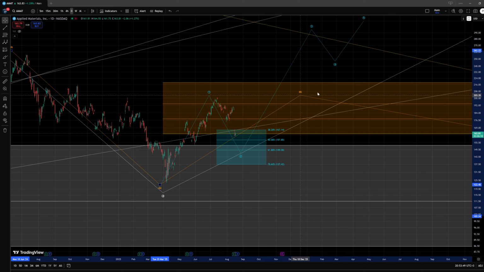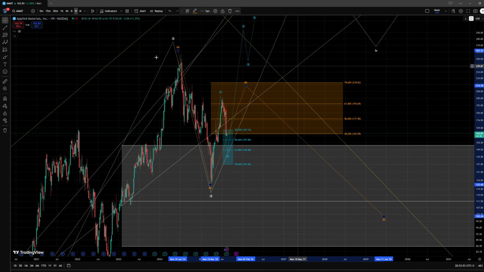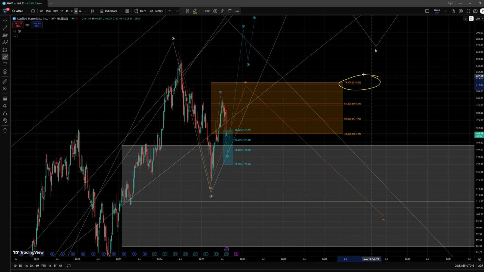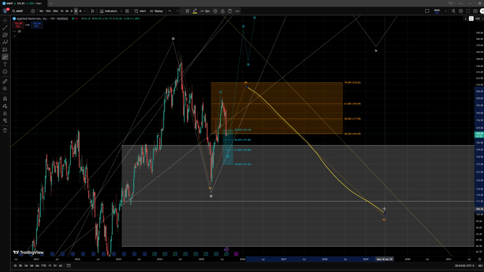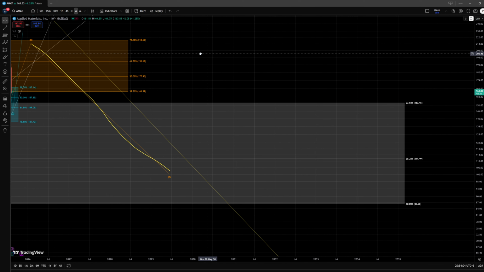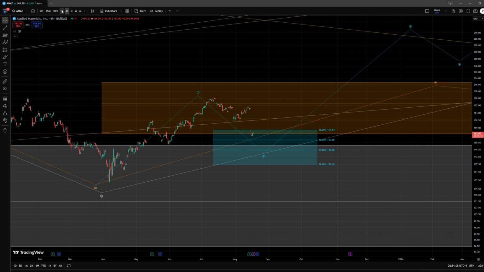Realistically, I could see it being reset. As long as we stay below the $218.6 level, we could have decent risk still to push lower into the support zone in white that I mentioned earlier. But for now, I am looking for a reversal in this blue support zone.